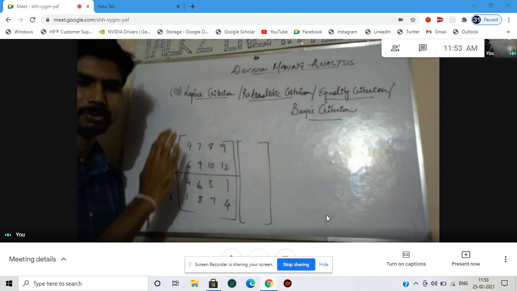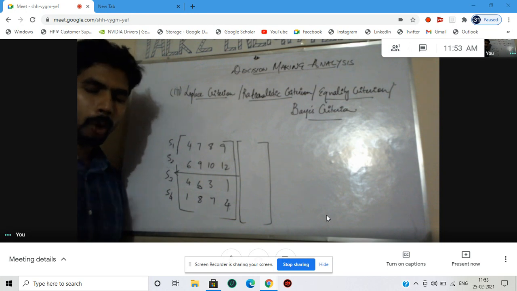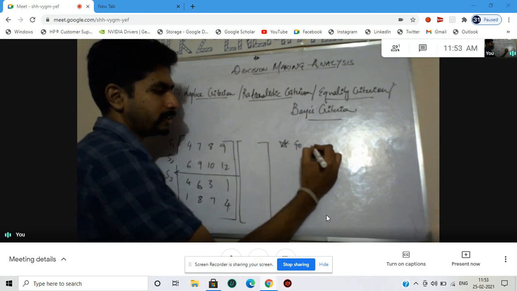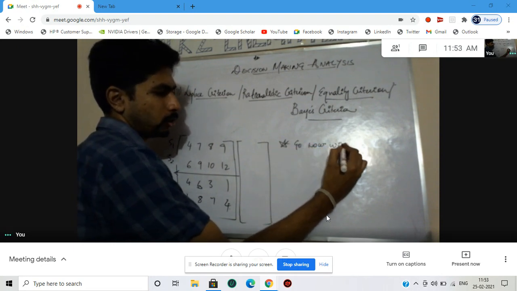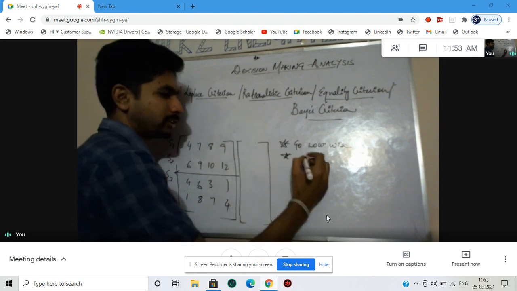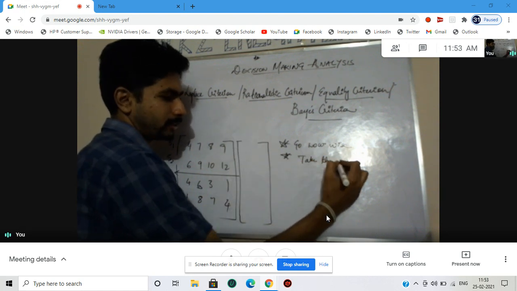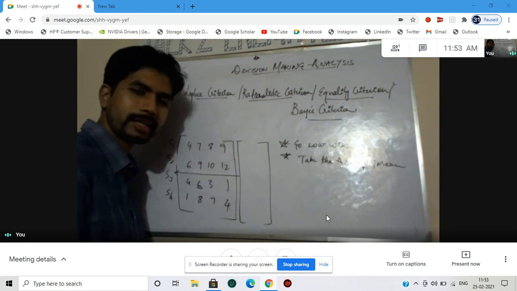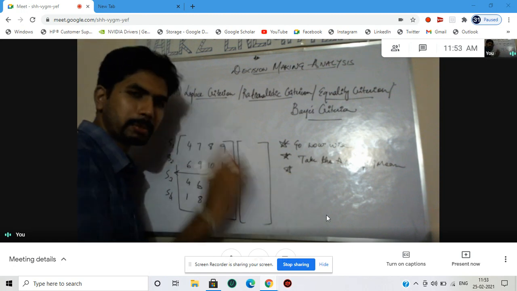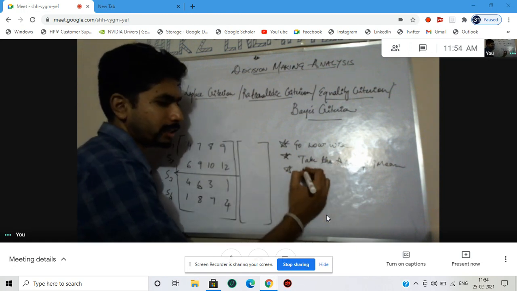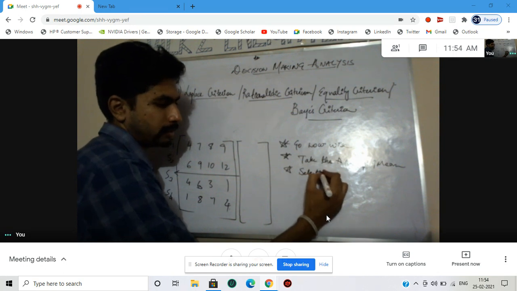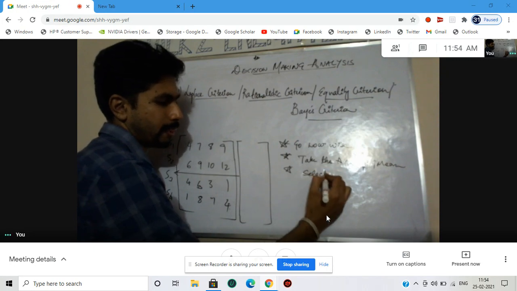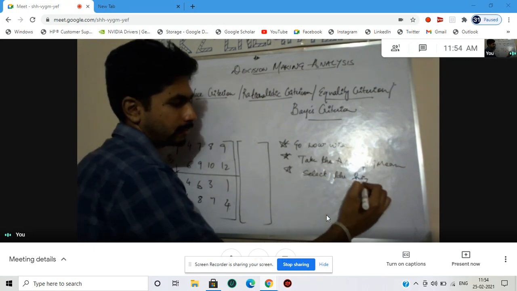I will solve the same problem using the Laplace criterion. Very simple. What you need to do is, again, go row wise. That's the first thing. Second thing is take the average, or it's also called the mean, and then in that selection, you select the highest value.